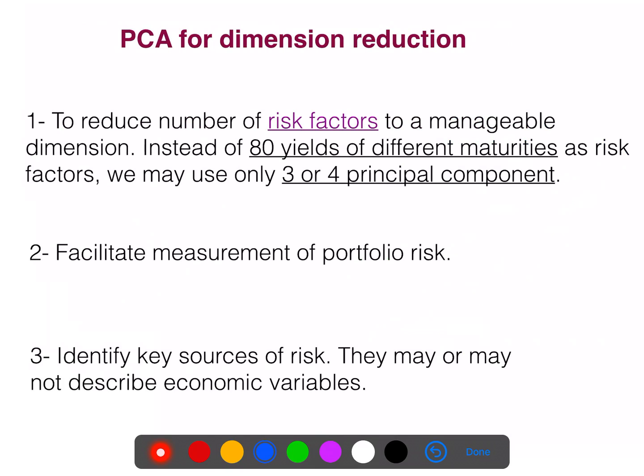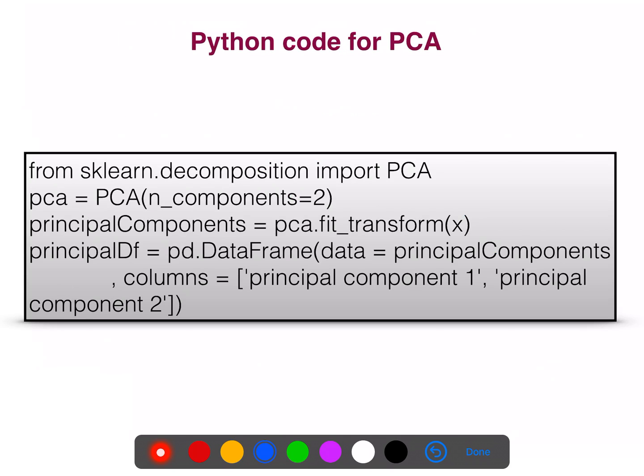For example, instead of 80 yields of different maturities as risk factors, we may use only 3 or 4 principal components. And it facilitates measurement of portfolio risk and identifies the key sources of risk. They may or may not describe economic variables.